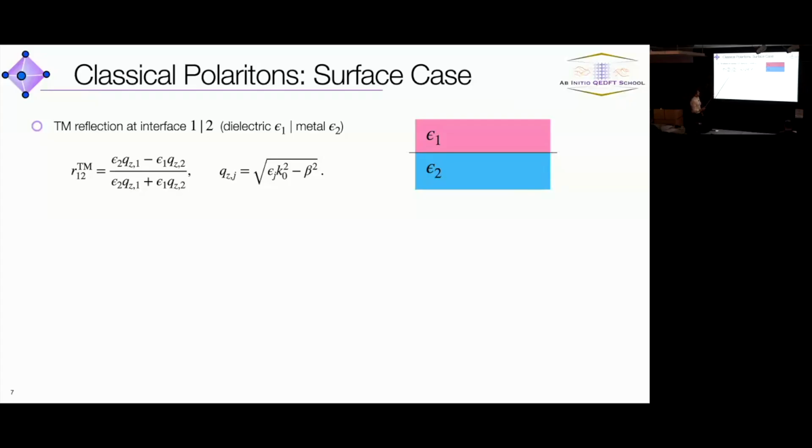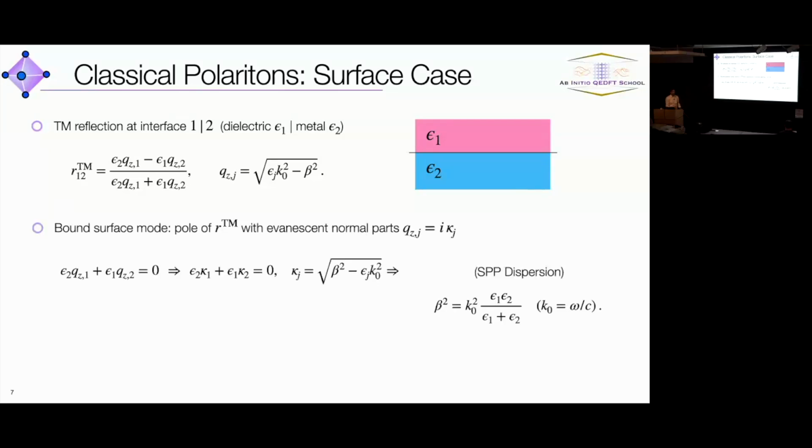What you have to look for now are the poles of this expression. These are the points where the system would like to say something, because it's the points where you can have a resonance. So it means that you have a pole in the reflection from that interface, meaning that something has been excited.